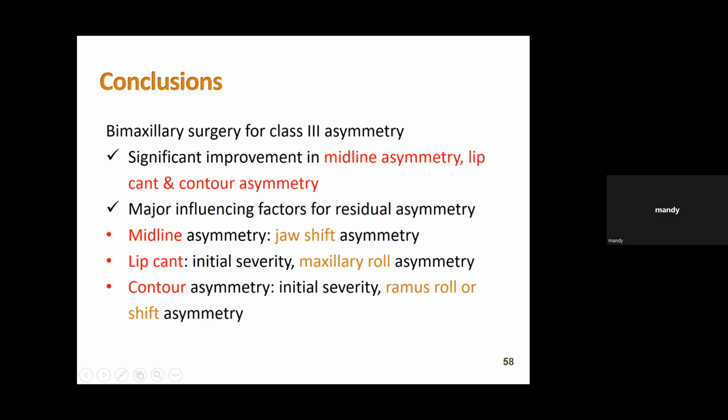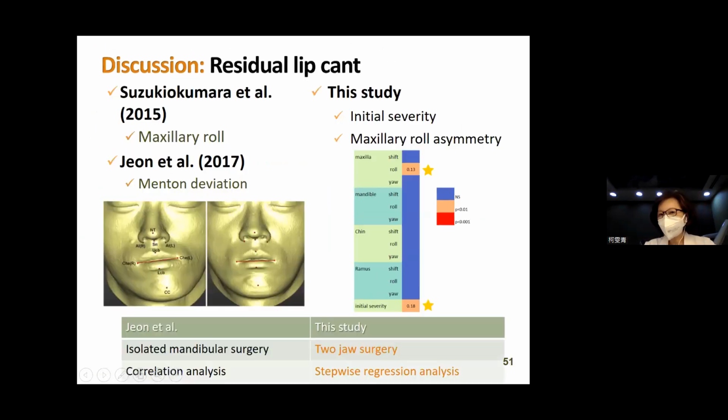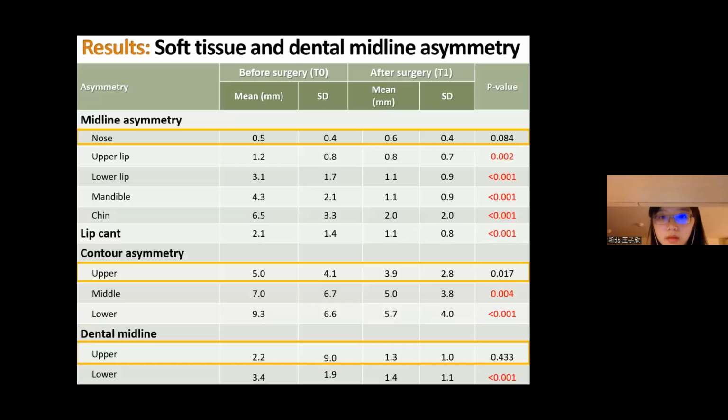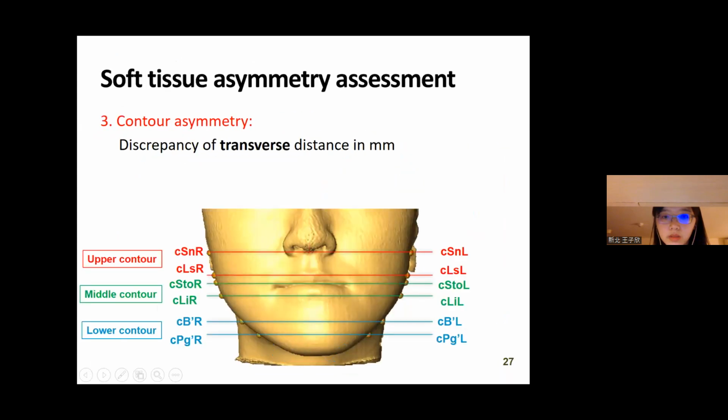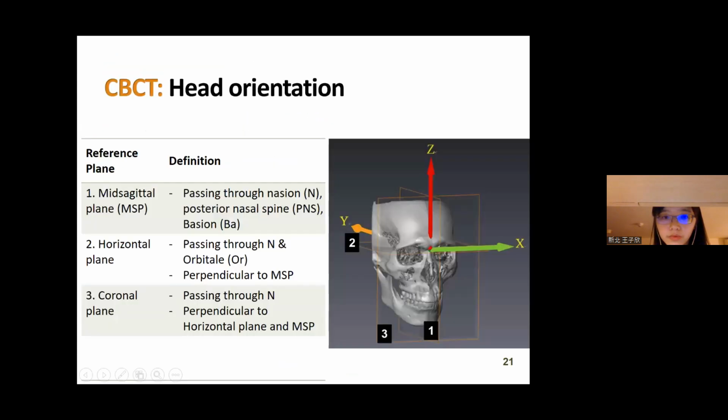The mid-sagittal plane is very important for your research because it is the baseline for you to compare the deviations. So how do you define the mid-sagittal plane in this study? In our study, our mid-sagittal plane is the plane passing through three points, including nasion, posterior nasal spine, and another point.